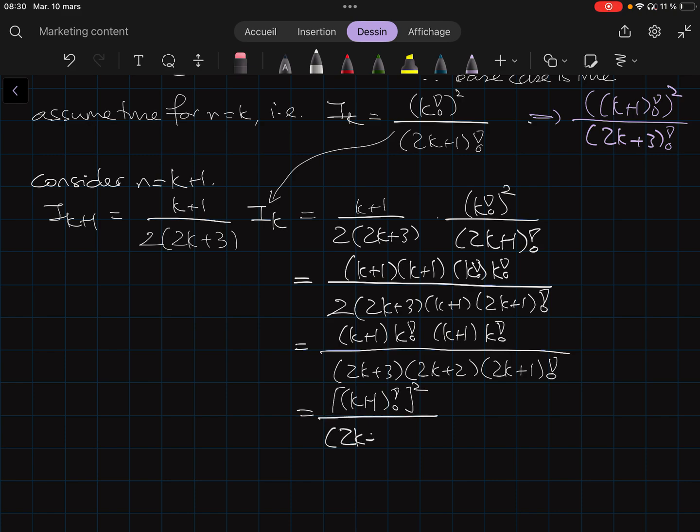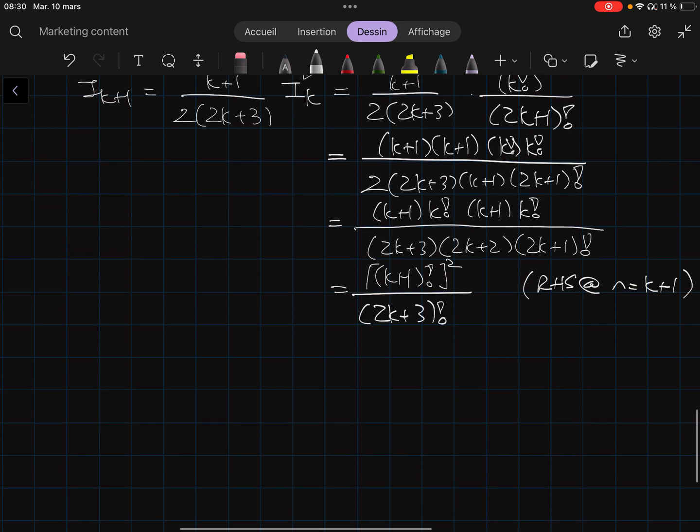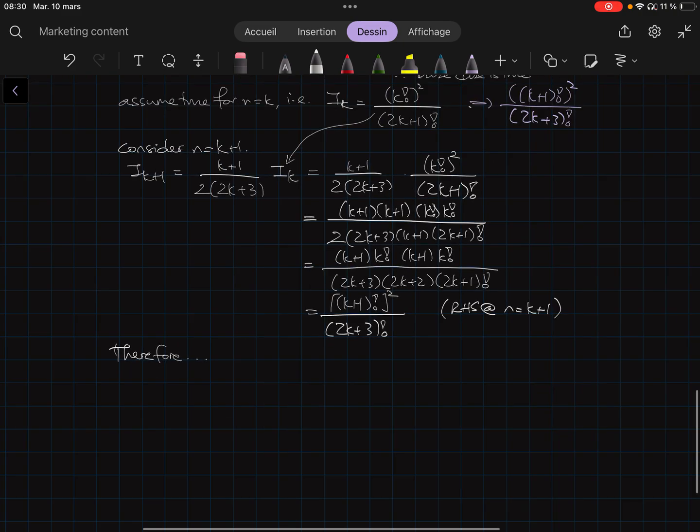Downstairs is also very obvious. And this is the right-hand side at n equals k plus 1. And then you can just write your usual conclusion. So that's the end of part 2.